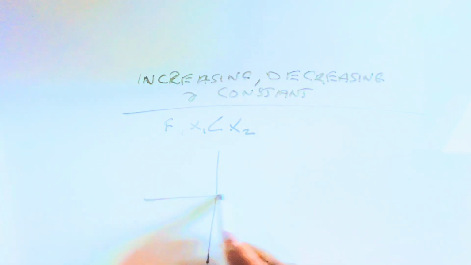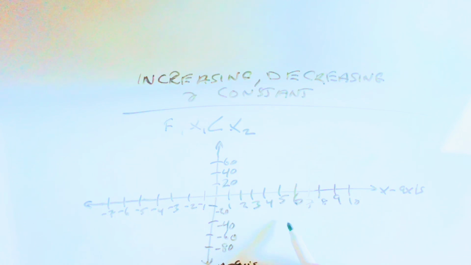Let's have an example. I'm going to do a graph for you and we'll see where it's increasing or decreasing. So we have a point 5, negative 80. The other point is negative 1, 20. So it's right here. Show me where the function is increasing, decreasing, or remaining constant.